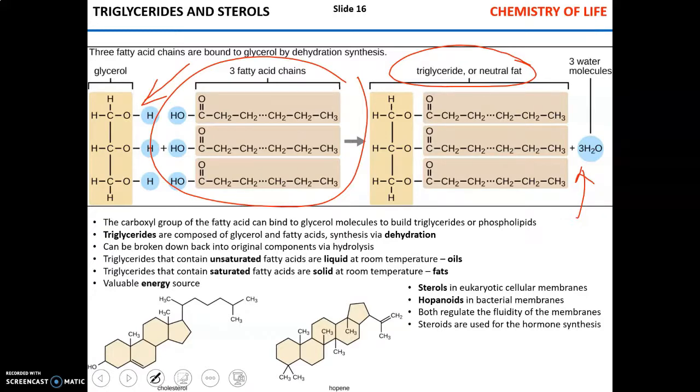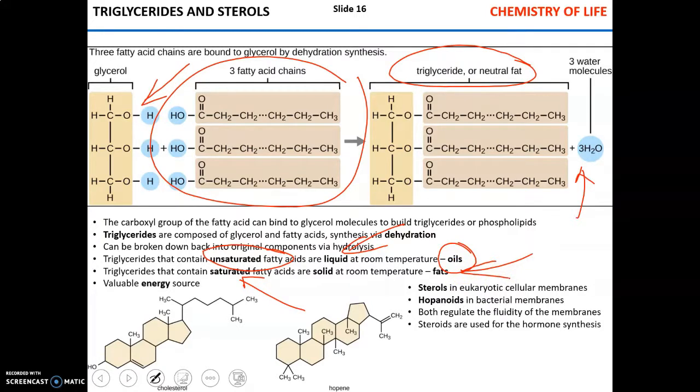If triglycerides contain unsaturated fatty acids, they are liquid at room temperature. We call them oils. Those are plant triglycerides. Triglycerides that contain saturated fatty acids are solid at room temperature, and we call them fats.